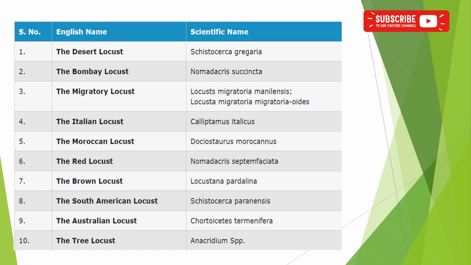These are some of the different locusts. For example, the desert locust, Schistocerca gregaria; Bombay locust, Nomadacris succincta; migratory locust, Locusta migratoria; Italian locust, Calliptamus italicus; Moroccan locust, Dociostaurus maroccanus; red locust, Nomadacris septemfasciata; brown locust, Locustana pardalina; South American locust, Schistocerca paranensis; Australian locust, Chortoicetes terminifera; and the last one is tree locust, Anacridium species.